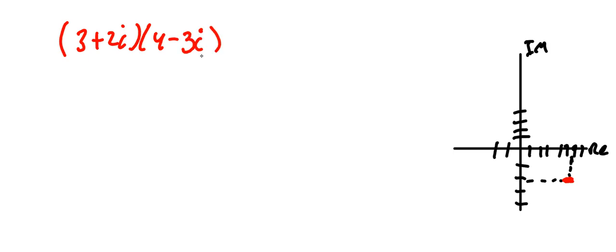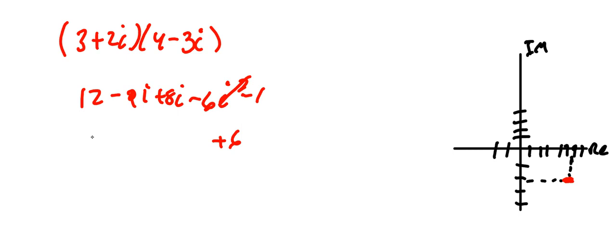When we multiply this out, 12, negative 9i, positive 8i, and then negative 6i squared, we're using the fact that i squared is equal to negative 1. These factors have a special property when we look at them in the plane.